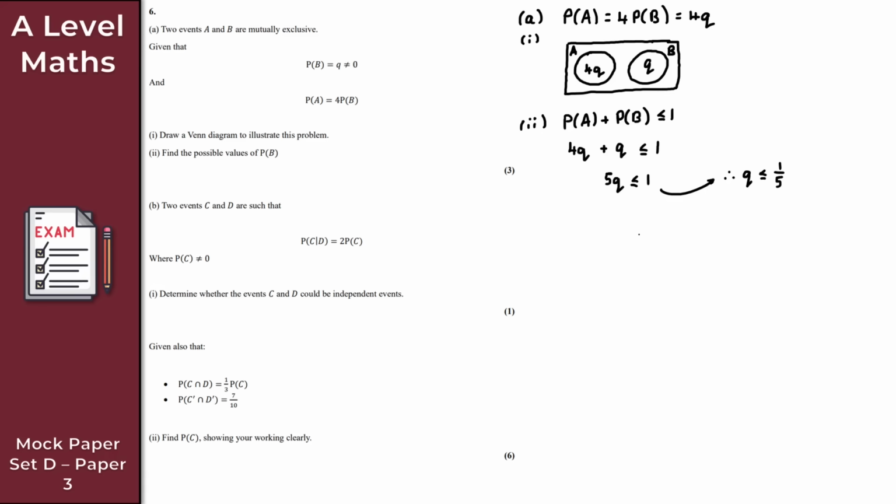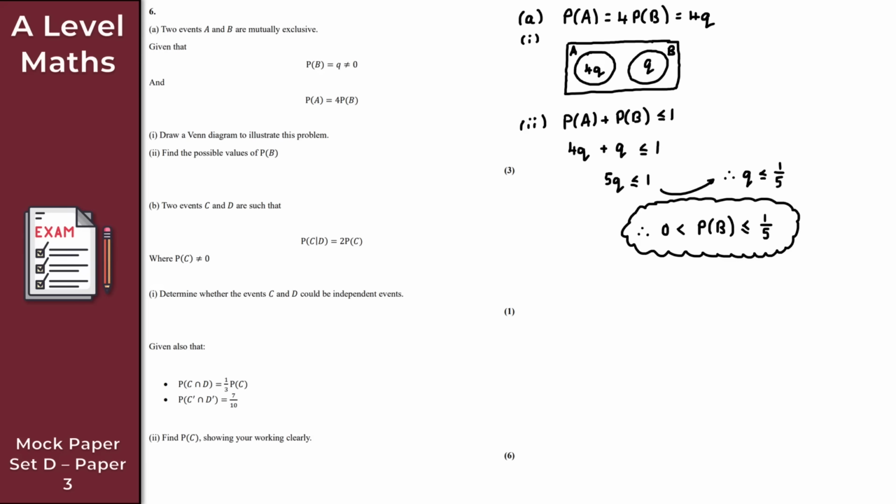So in that case then, what we get here is the probability of B then is between 0, but that's strict, because it cannot be equal to 0, and 1 over 5, but it can be equal to 1 over 5 there. So we make sure that we use the correct inequality, and there we go. I'll highlight this here, just to show then that this here is a solution to A part 2, okay? And there we go then, so that's the solution to 6 part A.